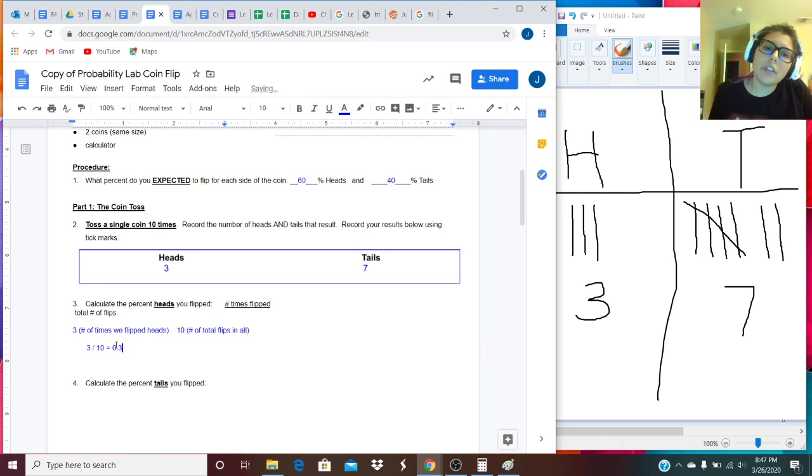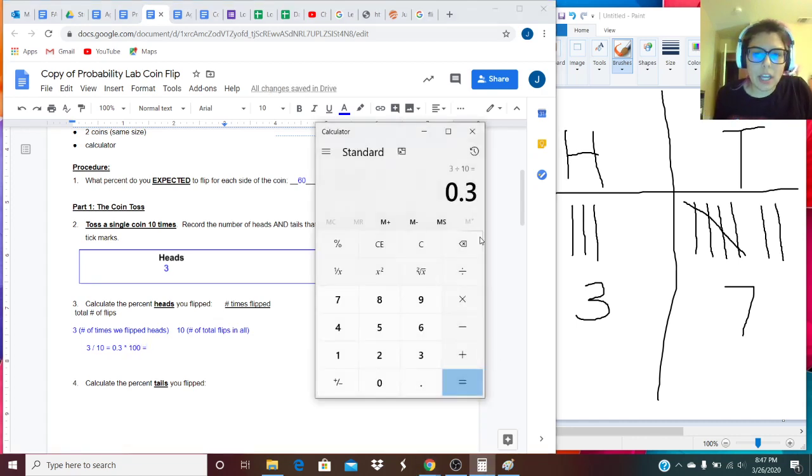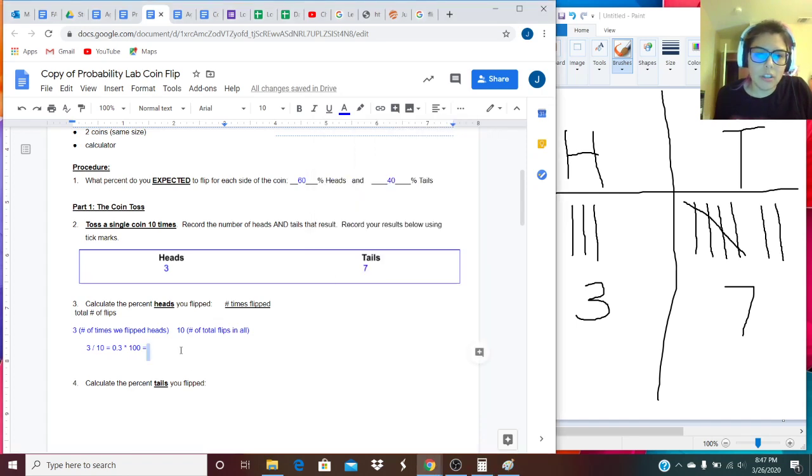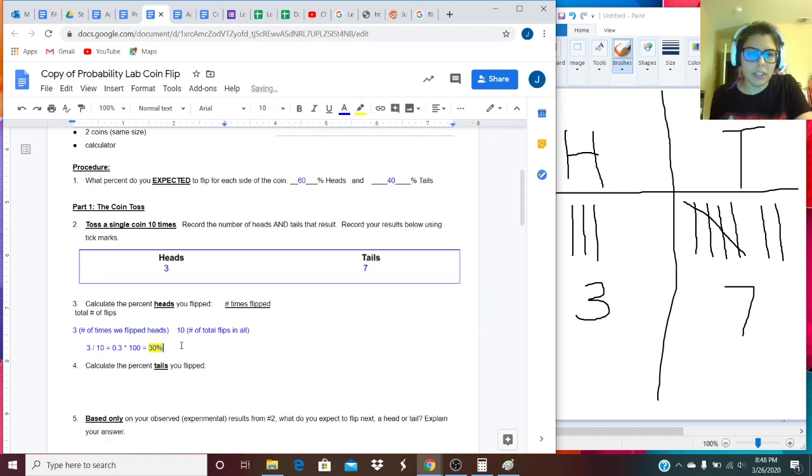However, we need to calculate percentage. So this is a decimal. In order to calculate percentage with the decimal, I need to times this by 100. So 0.3 times 100 is going to give me 30%. Highlight this in yellow so you can clearly see that that is my answer.